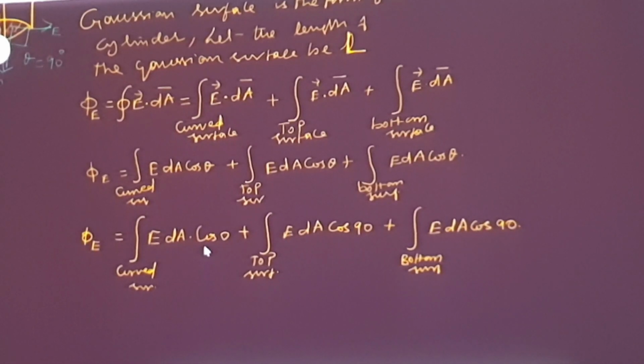As we know, cos 0 is 1, cos 90 is 0, and here also cos 90 is 0.